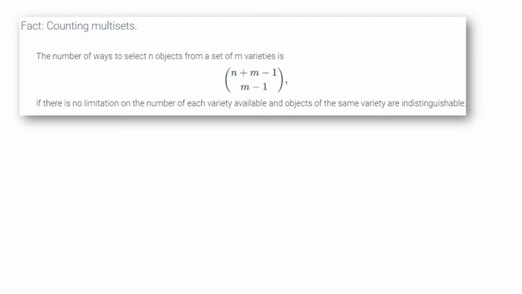So this is true if there's no limitation on the number of each variety available. And also, we're assuming that objects of the same variety are indistinguishable. So any 3 chocolate chip cookies we would count as the same way. It doesn't matter which of those 3 chocolate chip, because we're assuming that all of the chocolate chip are indistinguishable.